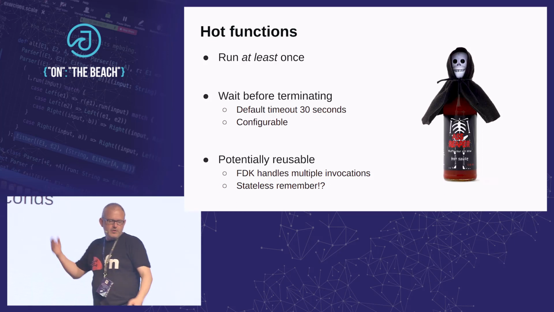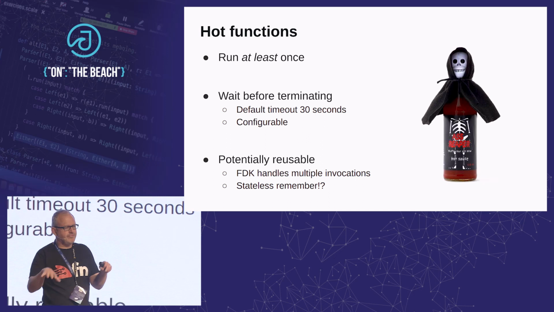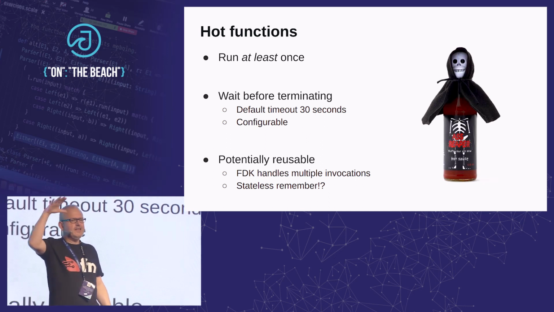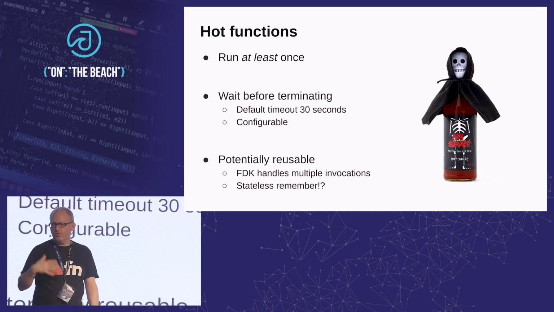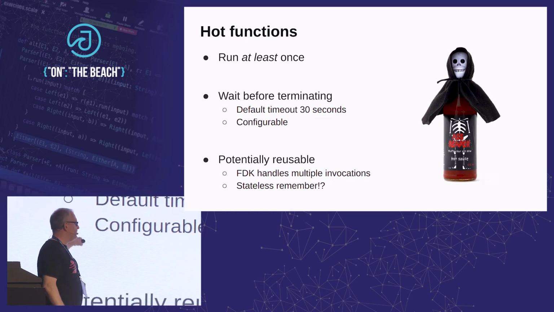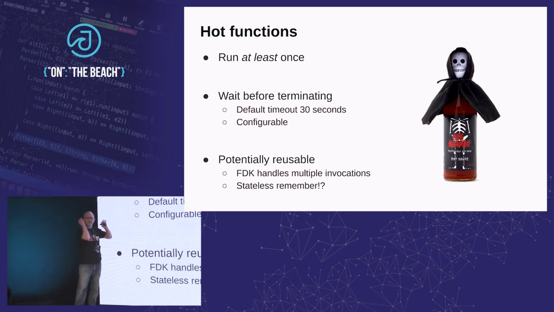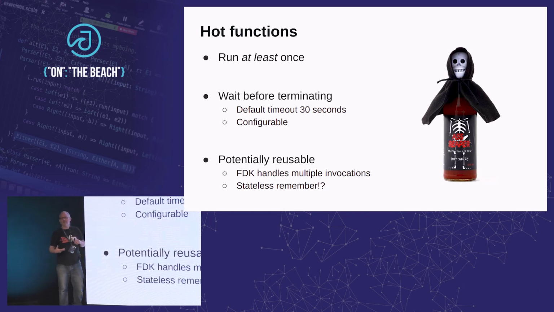So from hotwrap, we go to hot functions. So I said our functions were ephemeral. They actually run at least once. Then once they've run, there's a short wait before they terminate. By default, it's 30 seconds, but that's configurable. And if you get another invocation before the function's timed out, then we'll reuse that container rather than spinning up another one.